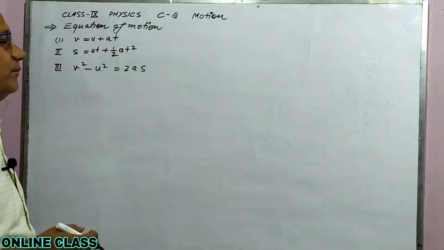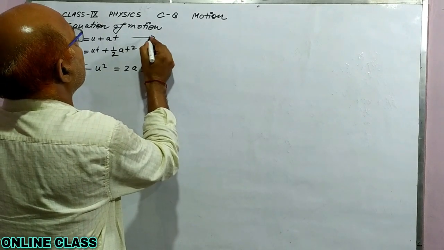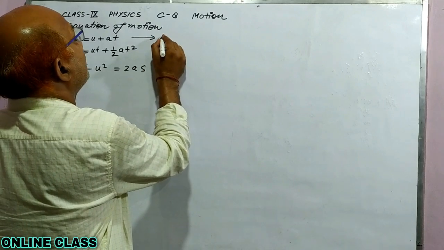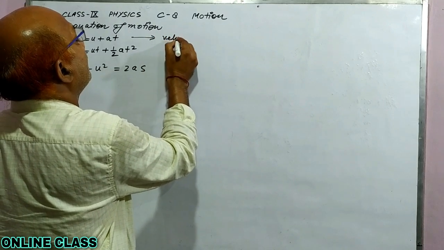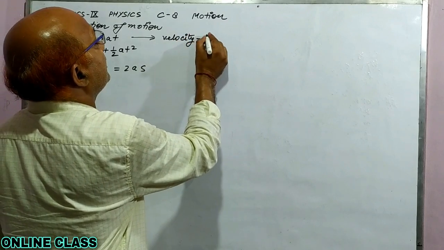First equation of motion is known as velocity time relation.